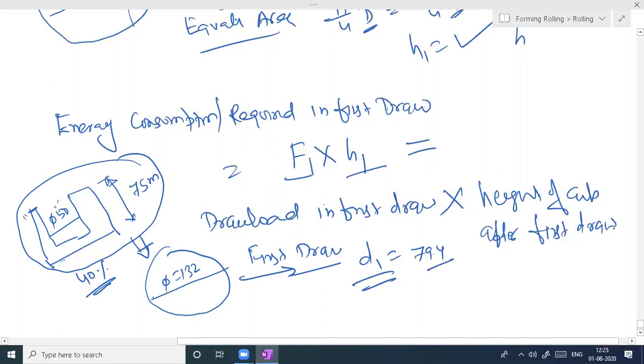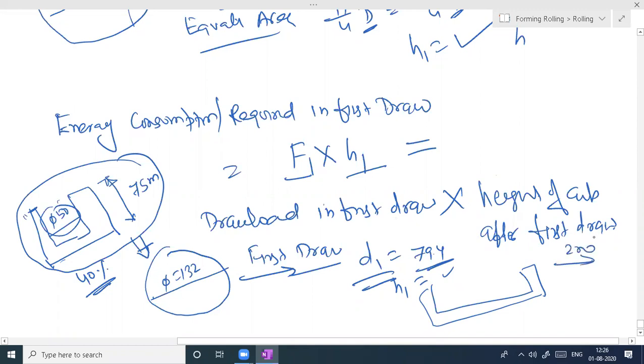And our requirement is 50. So in the first draw, we are getting only this much and a bigger diameter cup. And you are getting some height. So in the first draw, it is not possible to make a cup of 50 mm diameter and 75 deep.